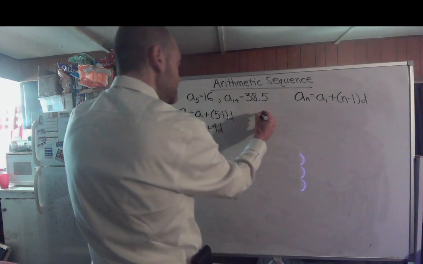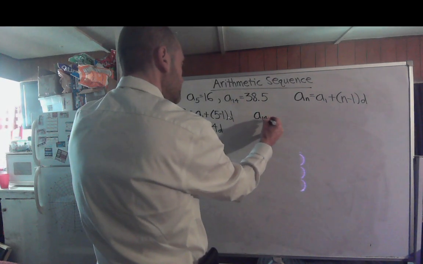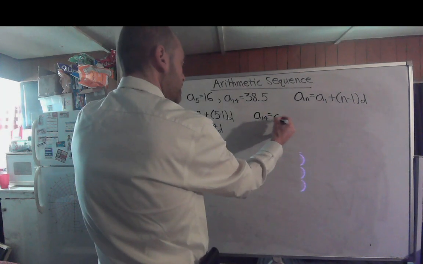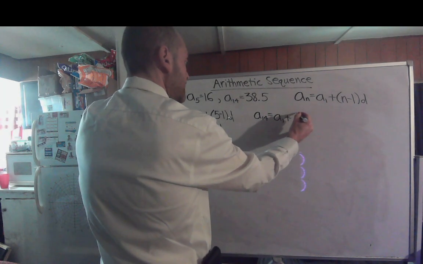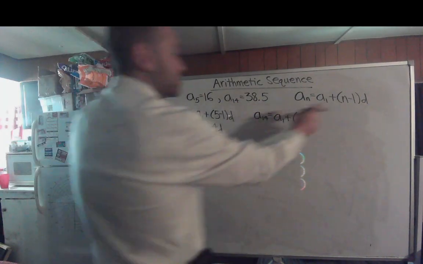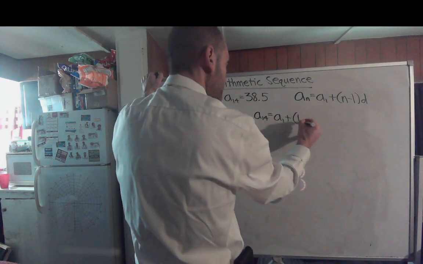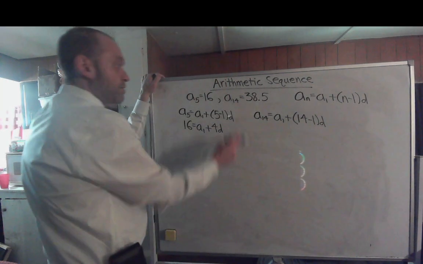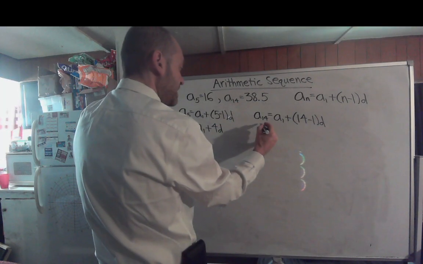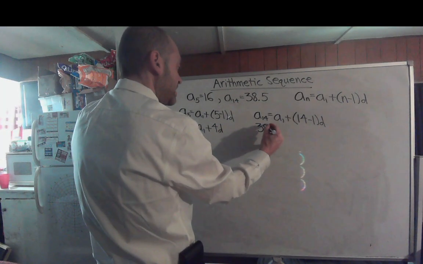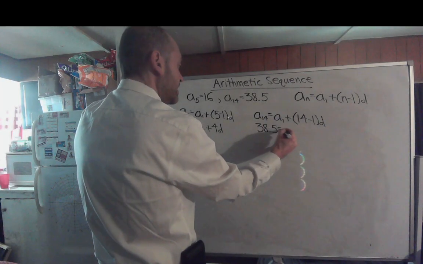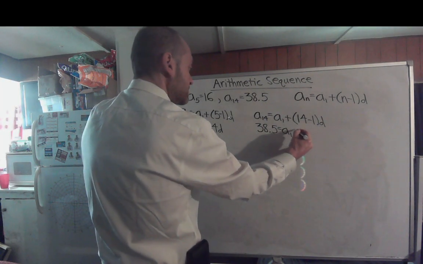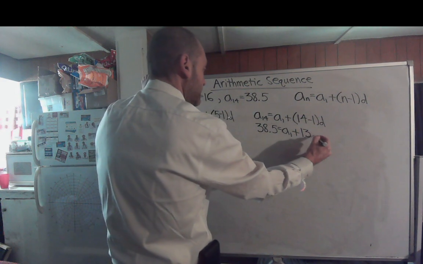A sub 14 equals a sub 1 plus 14 minus 1 times d. Our 14th term was 38.5, which equals a sub 1 plus 13d.